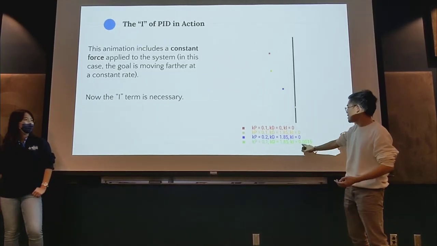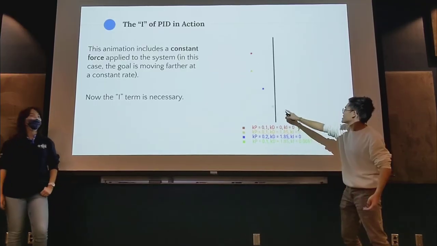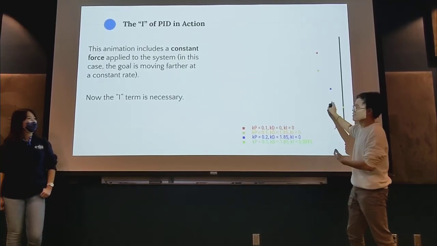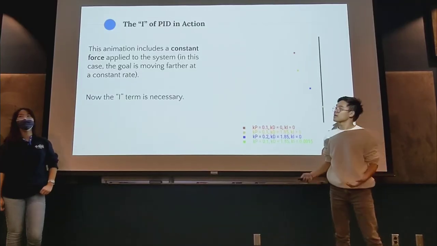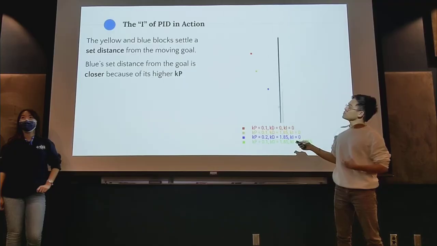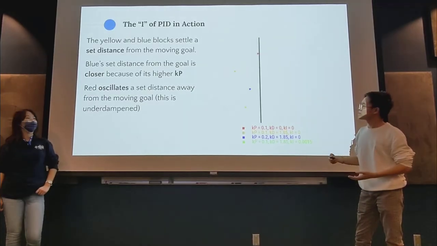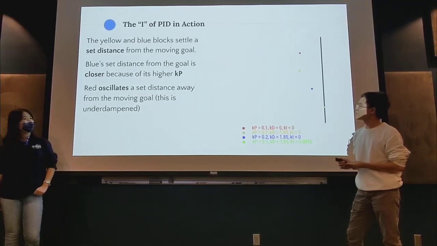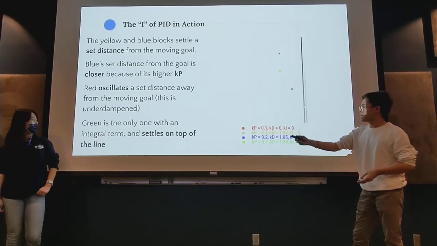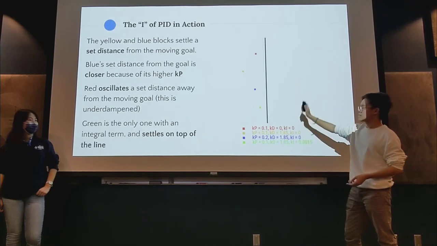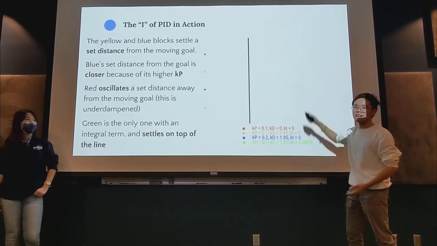But when we add an I term here, it can actually see that it's running away from me, we're not making progress, so let me speed up a bit until I'm there. This is just what I said in more words for when you look back on the slides. Green is the only one with an I term. All of the other I terms are 0, so that's why it makes no effort to catch up.